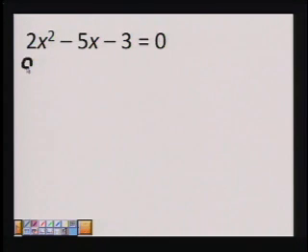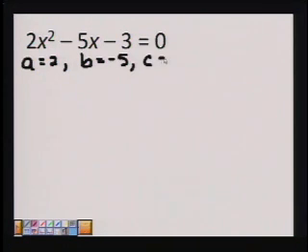One nice thing about the quadratic formula is that it works for any quadratic equation, whether or not it can be easily factored. It is not usually as efficient as factoring, but it will always work. For example, let's look at one of our earlier examples that we solved by factoring. 2x squared minus 5x minus 3 equals 0. So a equals 2, b equals negative 5, and c equals negative 3.